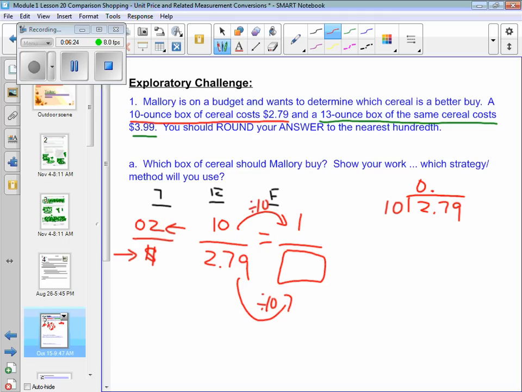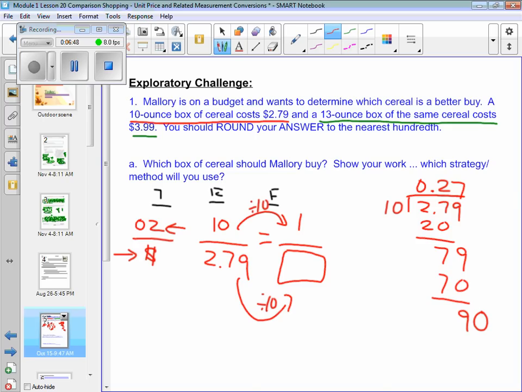Danny, 10 into 27. Good. 10 into 79. Still not done. 10 into 90.